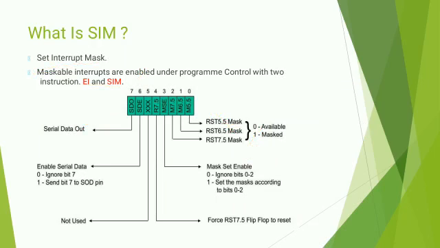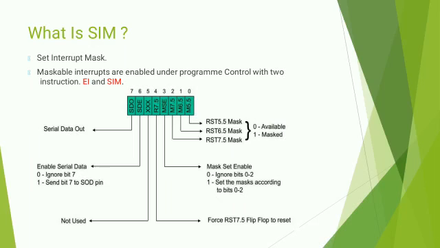What is the SIM instruction? Set interrupt mask. Maskable interrupts are enabled under program control with two instructions, that is EI, enable interrupt, and SIM, set interrupt mask. It is a multi-purpose instruction which is used to mask the interrupts or make them available.